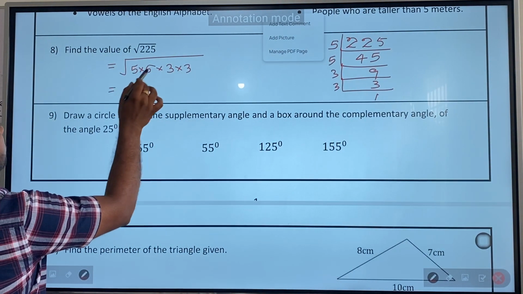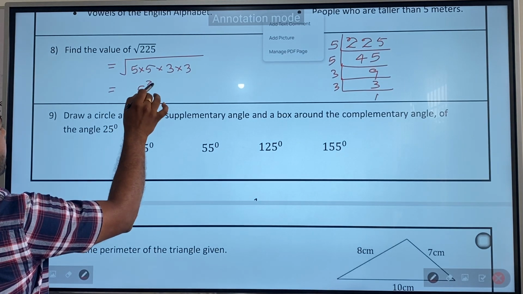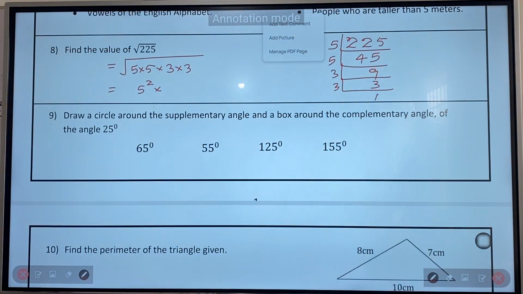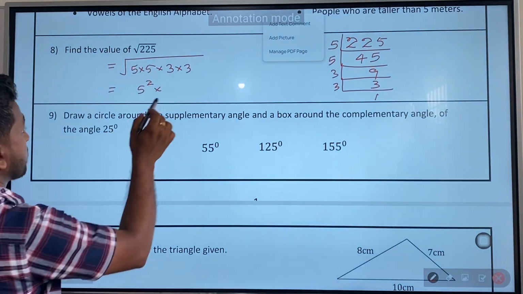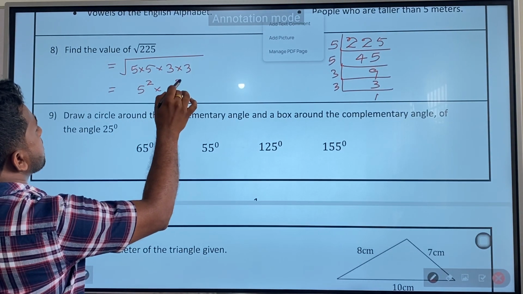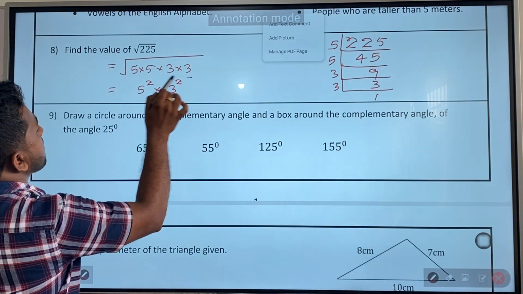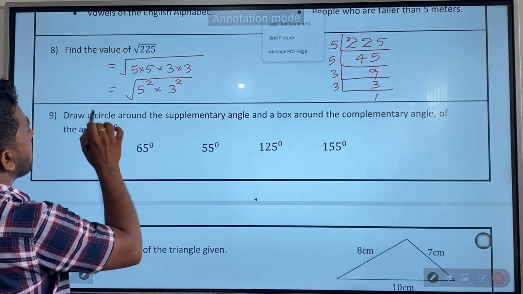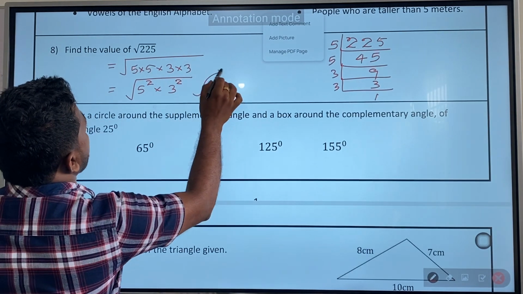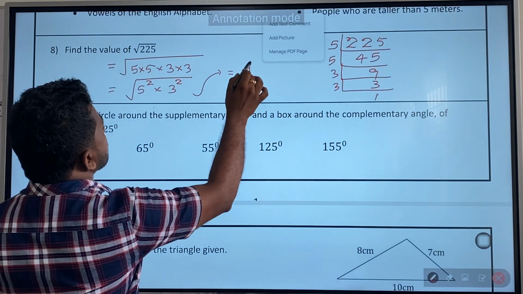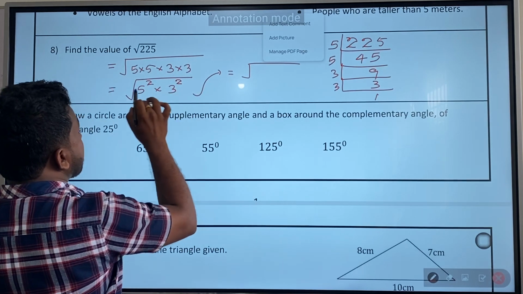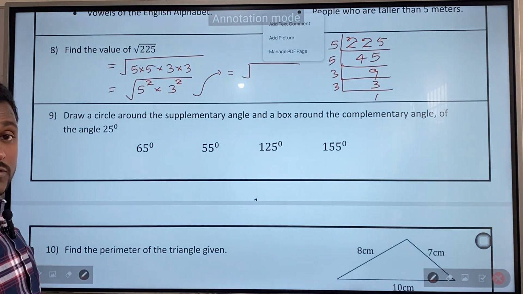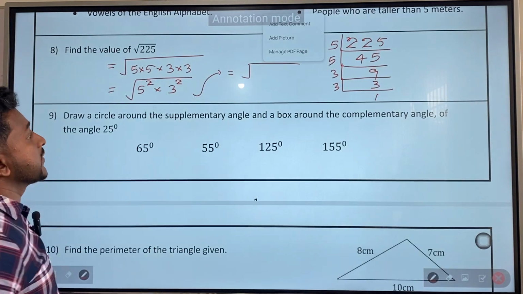Now 5 into 5 we can write as 5 square, and 3 into 3 we can write as 3 square. Then consider the square root.